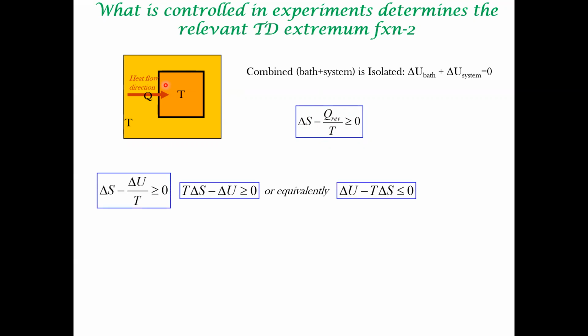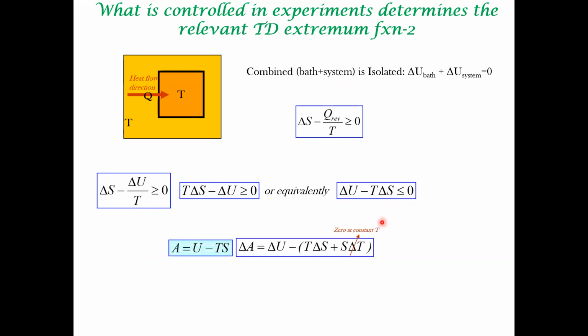I'm going to just rearrange this formula in the following manner. I'm going to multiply this as T delta S minus delta U. When I rearrange this, I have this term. And then if I multiply by minus 1 on either side, I have del U minus T del S is less than or equal to 0.